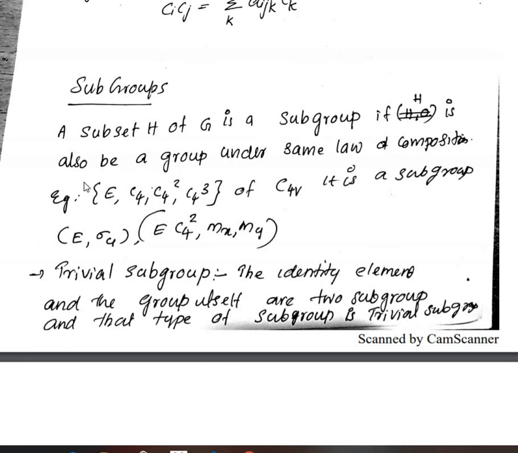For example, the C4v group contains E, C4, C4 square, C4^3, Mx, My, sigma V and sigma U. Out of these, E, C4, C4 square, C4^3 form a subgroup, meaning they obey all four group axioms.